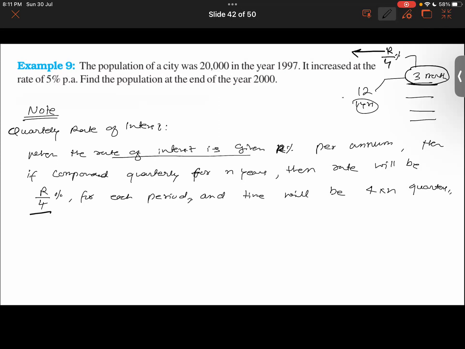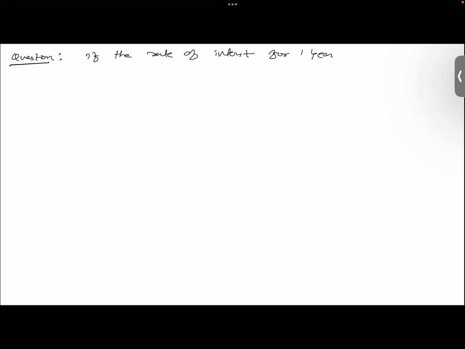Now I think we are good to continue with some questions. We will come to the examples later. Let's take some questions. Now let's say the rate of interest for 1 year is 8% per annum.